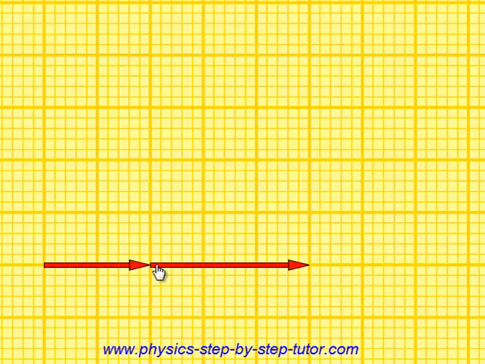And then the resultant, the sum of these two forces, which is 10 newtons and 15 newtons, is from the first tail here, this is T1, to the last head here, which is H2.